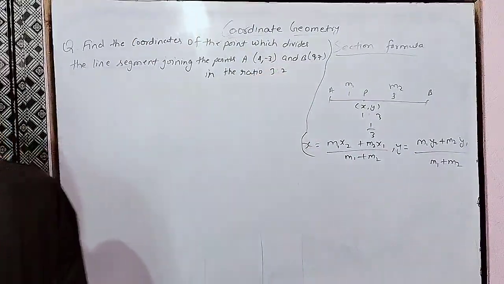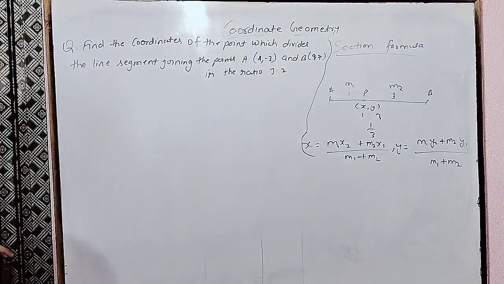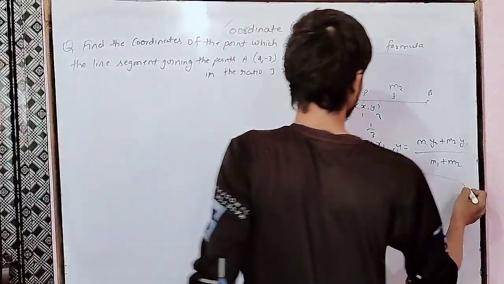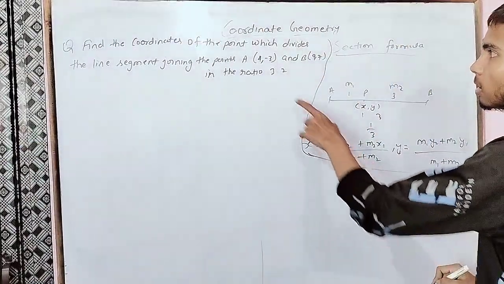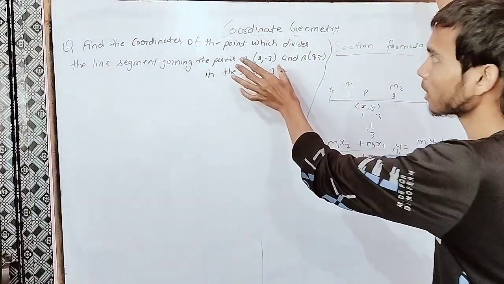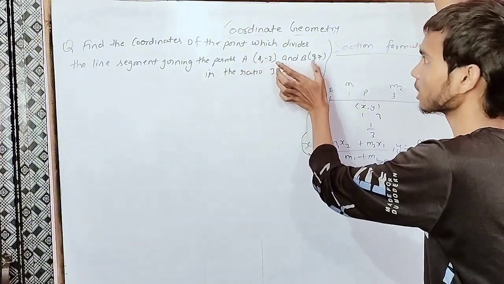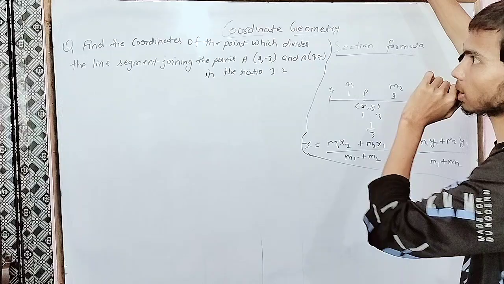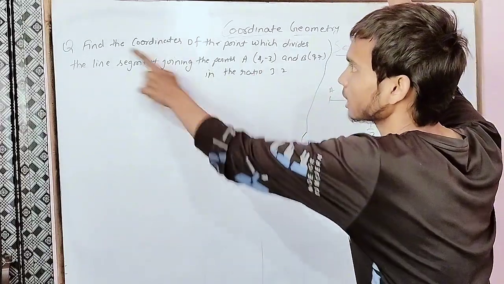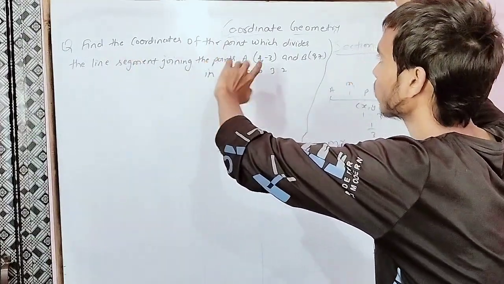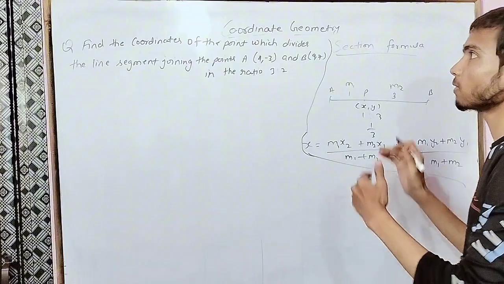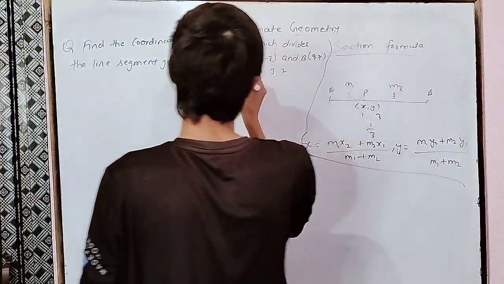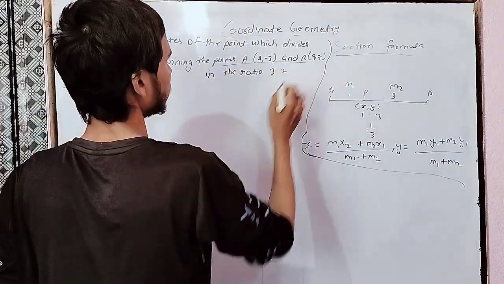Now this is the question. Here we will apply the section formula, because it says you are given two points, and these points are in the ratio 3:2. What is the meaning of this? It says find the coordinates of the point which divides it.